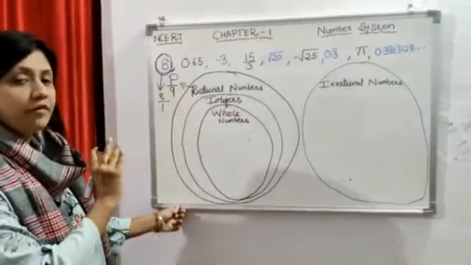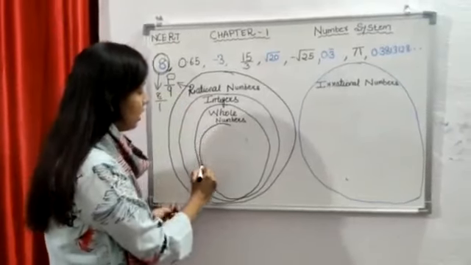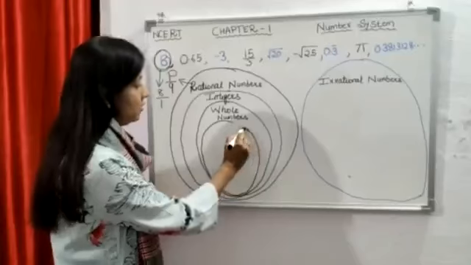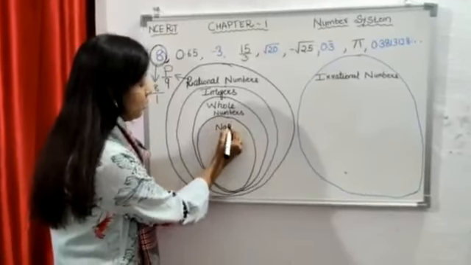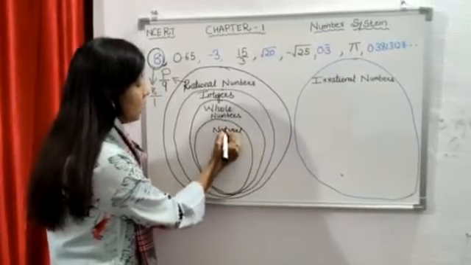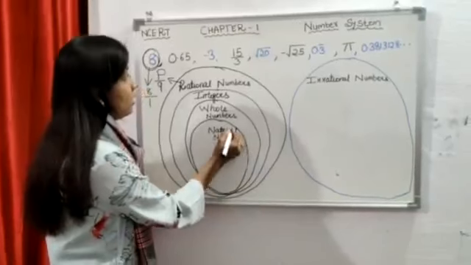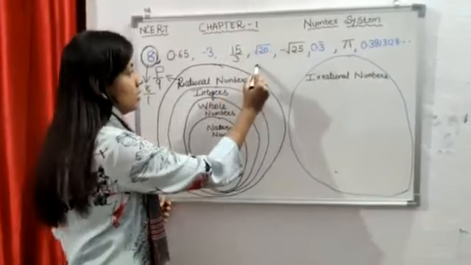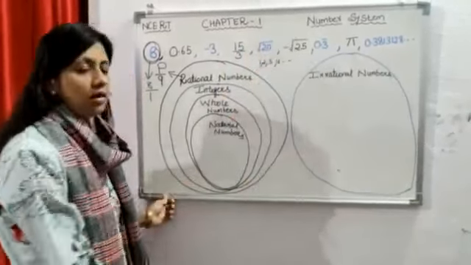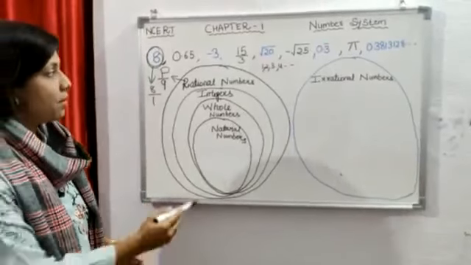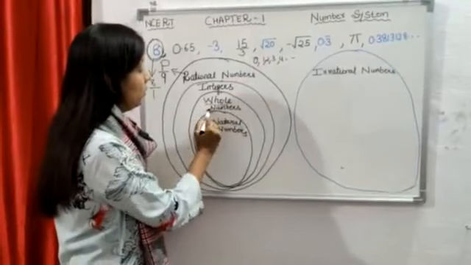If I remove 0 from the whole number family, then I will get the natural numbers. Natural numbers start from 1, 2, 3, 4. And in the natural numbers family, if I add 0, it becomes whole numbers.